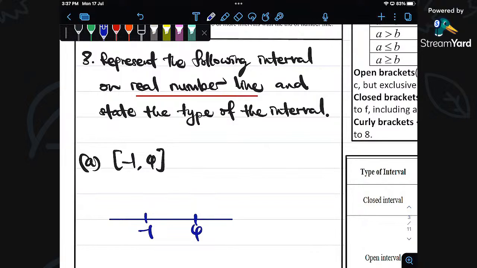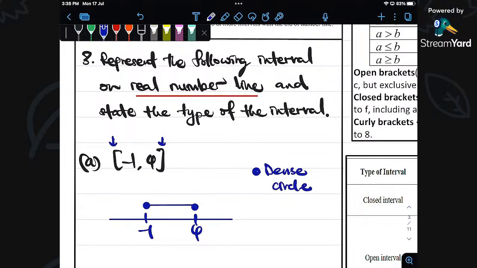So this is close. Okay, this is close. So close means we need to put a dense circle. So ini yang dinamakan sebagai, saya sebut dia sebagai dense, very dense sebab dia tertutup lah kan. So this is called dense circle.